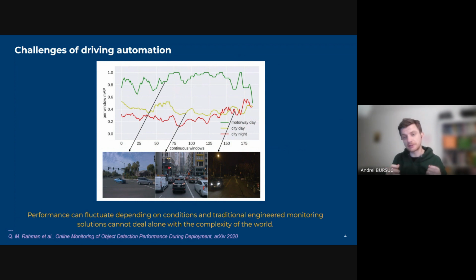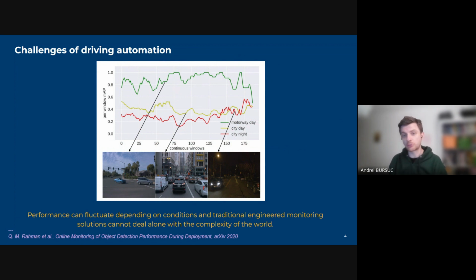However, given that we see more and more neural networks entering gradually in these systems, and many of these modules are starting now to be replaced by neural networks, we may need to revisit some of these monitoring strategies, and look also at more sophisticated mechanisms to figure out when our models are making a wrong prediction.